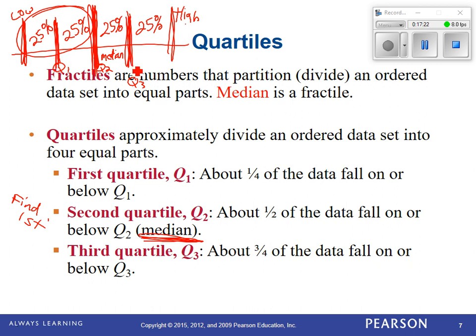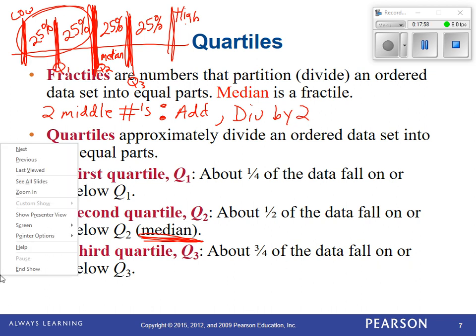So you just find the median 3 times: the median of the big set of data, then the median of each of the 2 halves. Remember, when you're finding the median, you find either the middle number, or if there's not a middle number, you take the 2 middle ones, add them up, and divide by 2.